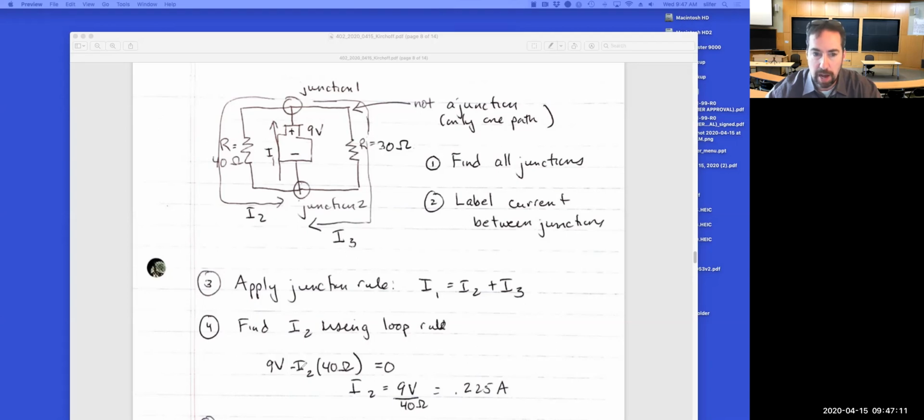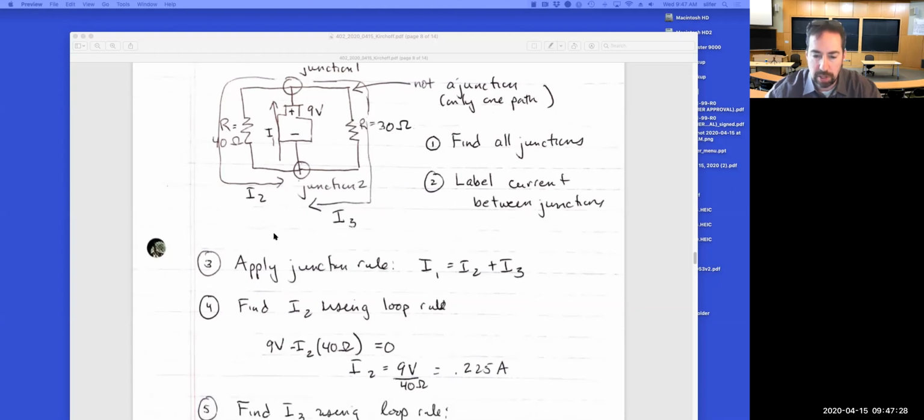So I have I2, which is the current in this loop, and this resistance is 40 ohms. So we have 9 volts minus I2 times 40 ohms equals 0. The sum of the voltage changes around that loop is equal to 0. So that's okay. Now I can just solve for the unknown. I2 is going to be equal to 9 volts divided by 40 ohms, and my calculator tells me that's 0.225 amps. So what we did here was we found the current through this loop.